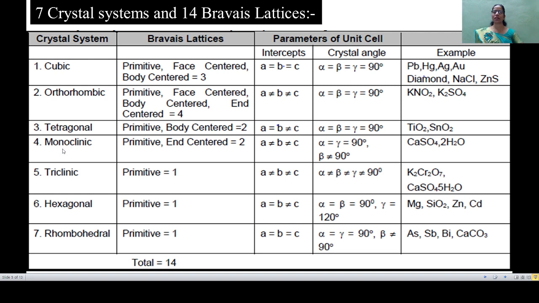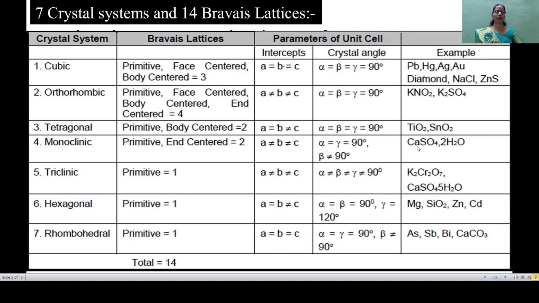See the fourth crystal system, that is monoclinic. Okay, here again there are two types of Bravais lattices named as primitive and end-centered. Here A is not equal to B, not equal to C, but the angles alpha and gamma are of 90 degree, while the angle beta is not of 90 degree.